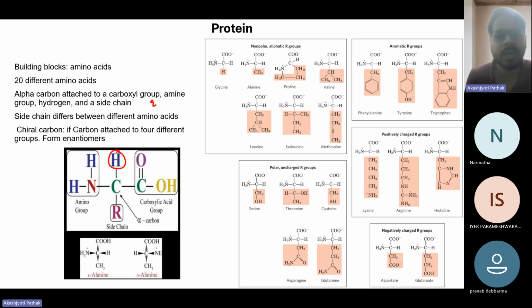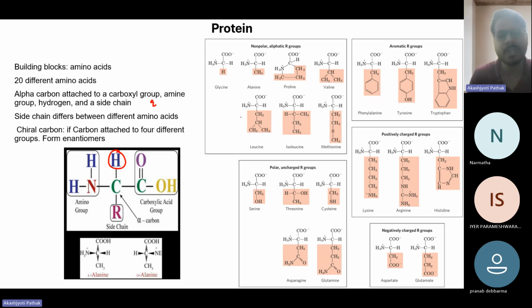There are 20 different natural amino acids in our body, and all of them have these three groups the same: the NH2, hydrogen, and carboxyl group. The only difference in these 20 amino acids is the side chain. So the side chain varies.